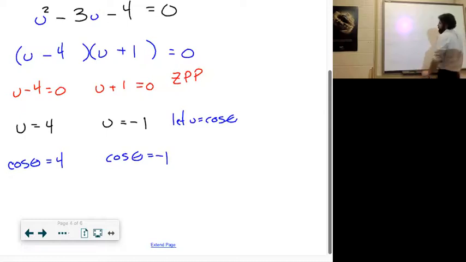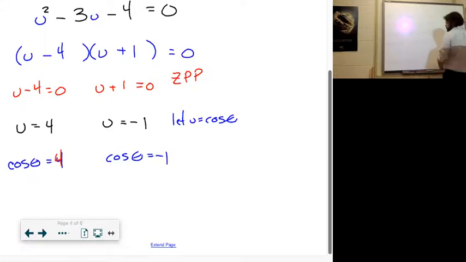Right off the bat, I noticed something about that first expression, cosine theta equals 4. If you remember, all sine and cosine functions are defined. The value or the ratio on the outside here, whether it's sine or cosine, those ratios have to exist between negative 1 and 1 only. So this is obviously larger than positive 1, so it's an undefined value.